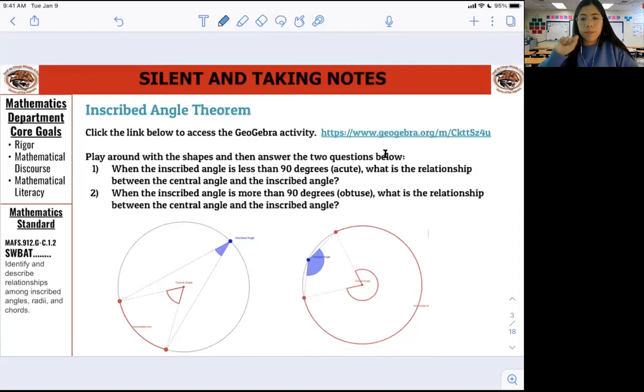You can move every single button around and see if you notice any patterns or anything at all. And then take a look at the 2 questions that are on the board and see if you can answer them.